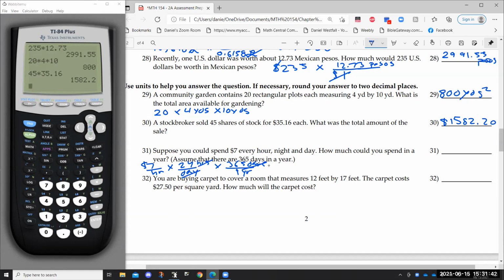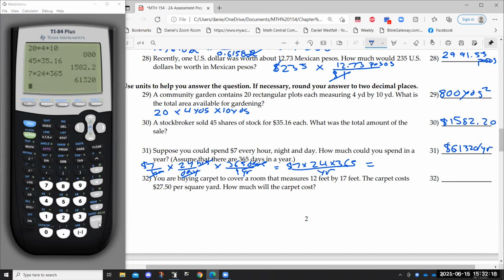Days are going to go away, hours are going to go away, and I have 7 times 24 times 365. That's going to give me $61,320 per year.